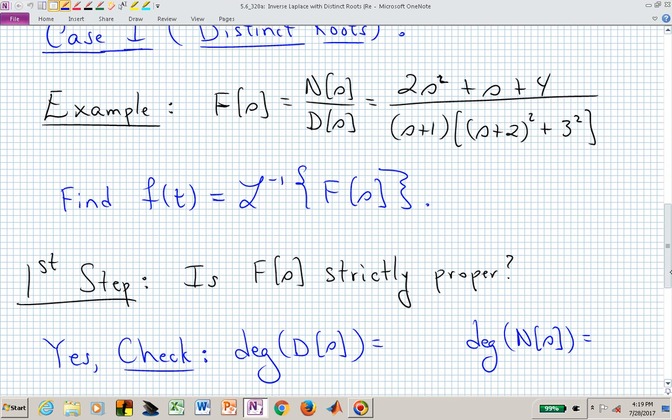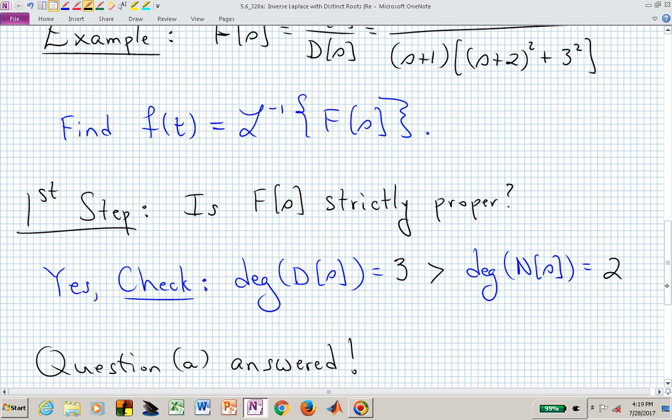In this particular case, I hope that you can see that the answer is yes, because in the denominator, if we multiplied that all out, we have a linear factor s and a quadratic factor with an s squared, and an s times an s squared gives us an s cubed. So in fact, the degree of D(s) is 3, which is strictly larger than the degree of the numerator, which is 2. And that's our check on question A.